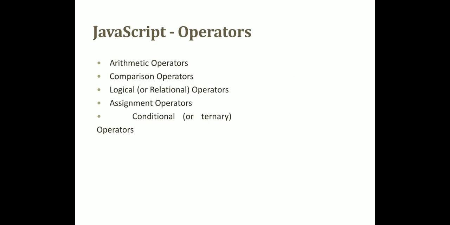Next, the operators that are used in JavaScript. Same as in Java and C#, the operators are also the same in JavaScript: arithmetic operators, comparison operators, logical or relational, assignment, and conditional or ternary operators.